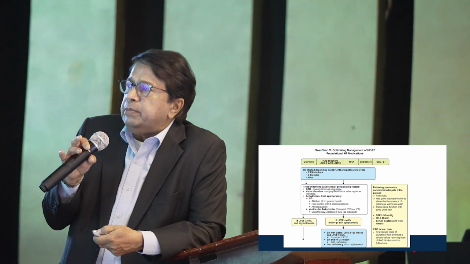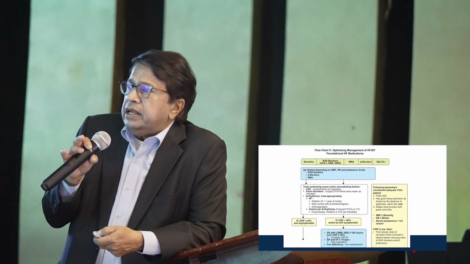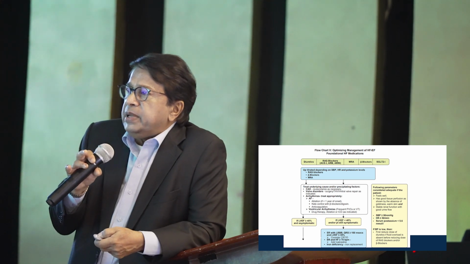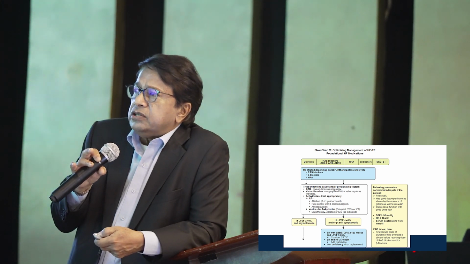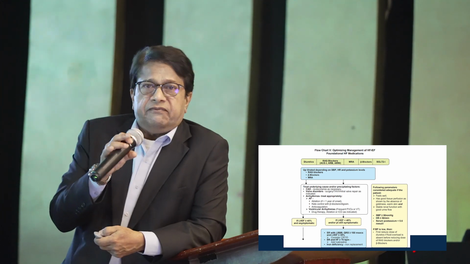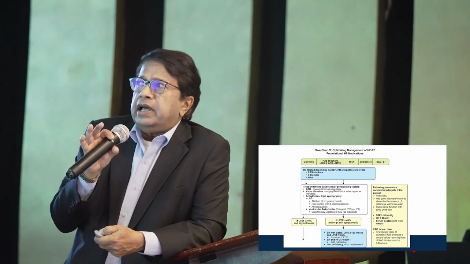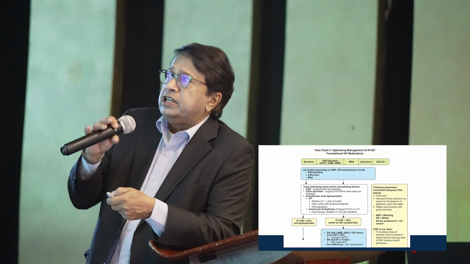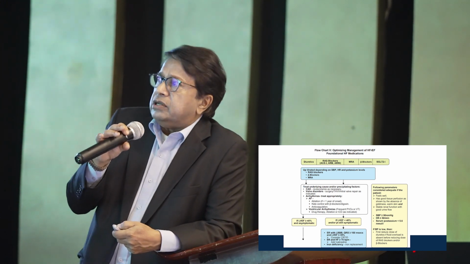Rate control with beta blockers, anticoagulation. And next one is ventricular arrhythmias. What is the choice of therapy here? All this to treat the underlying cause of heart failure. So this is all looked into after you have treated basically his heart condition.